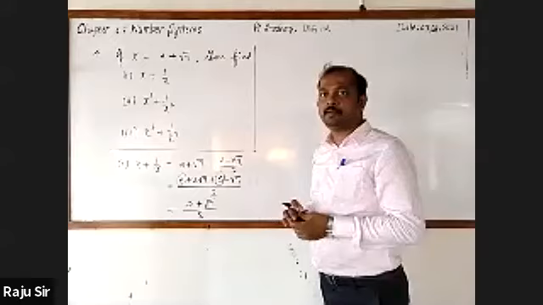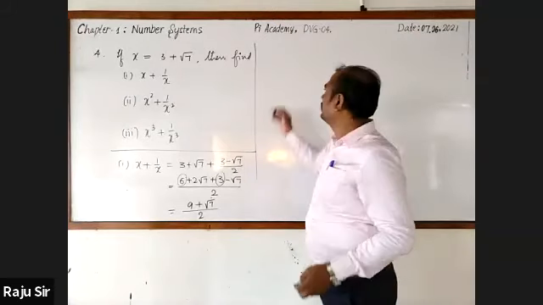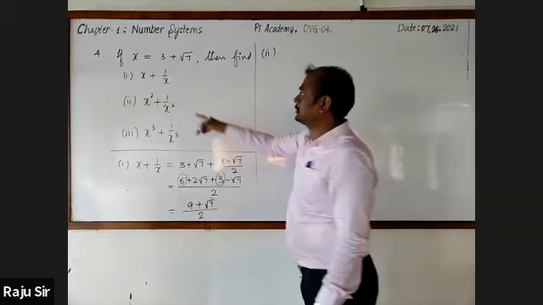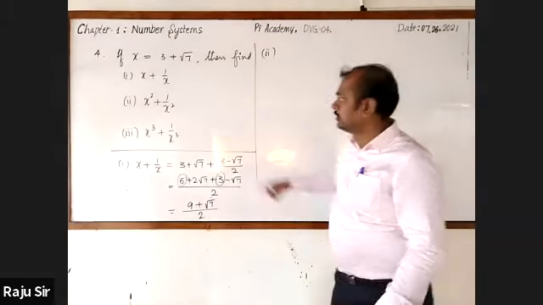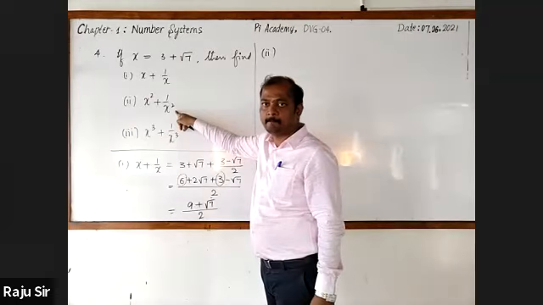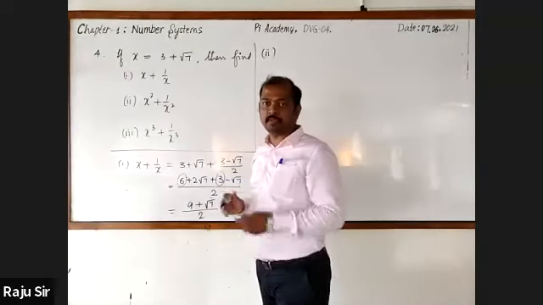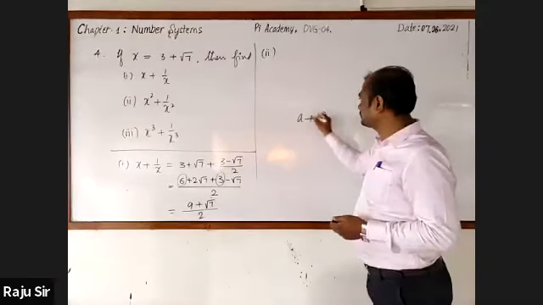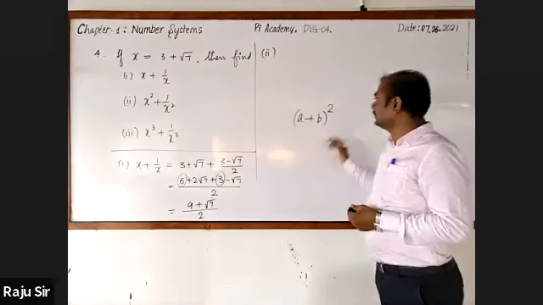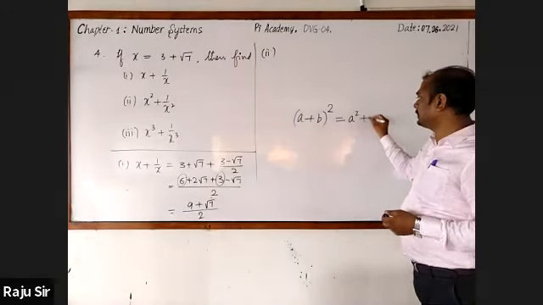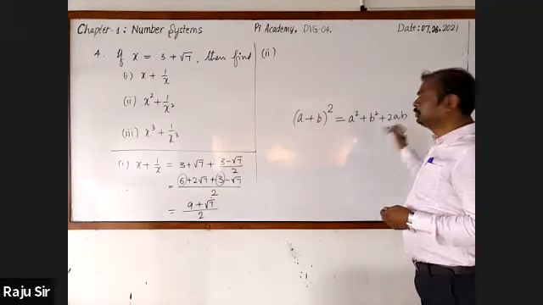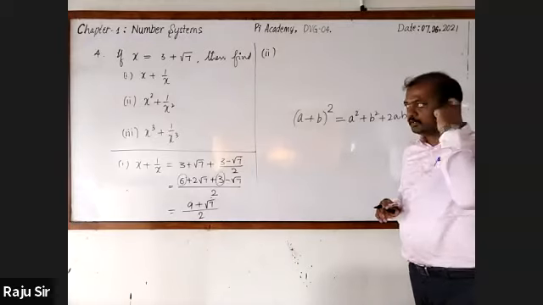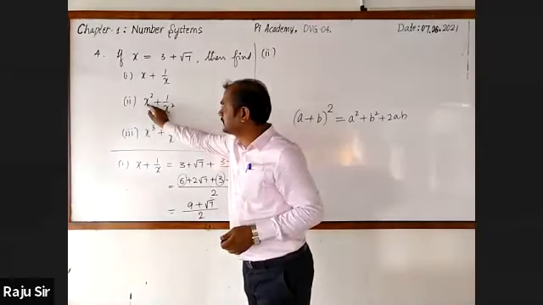Yes. Now we are moving to the second one. Observe. Look here. Here we have x square plus 1 by x square. Dear students, you are very familiar with the identity a plus b whole square, this is equal to a square plus b square plus 2ab. Here, in place of a, x is there.